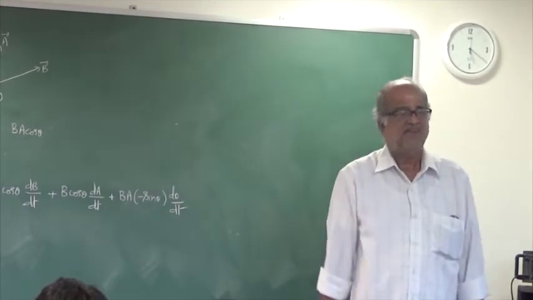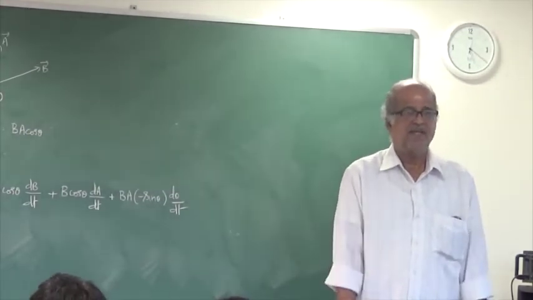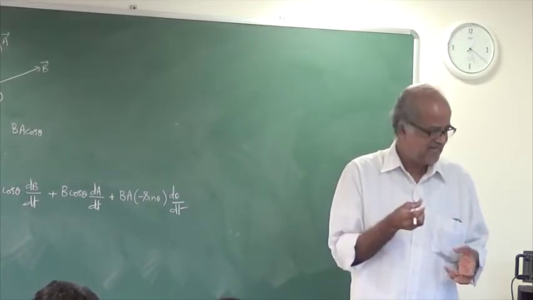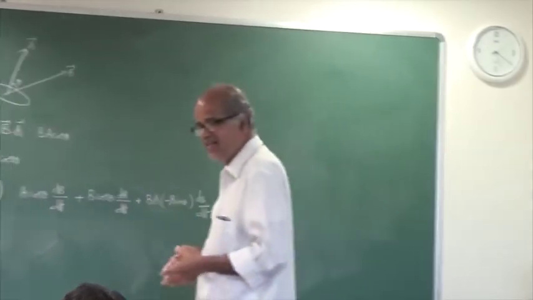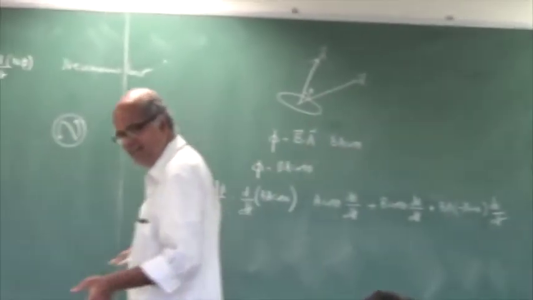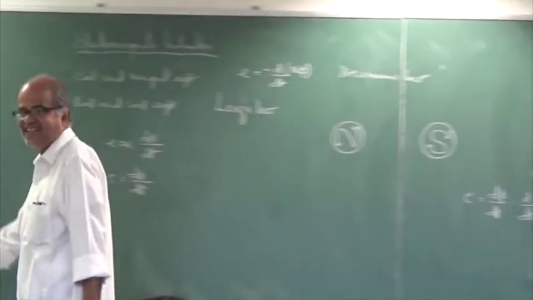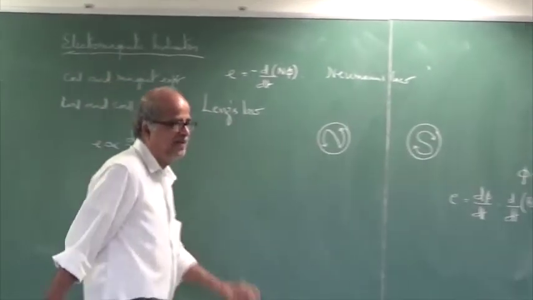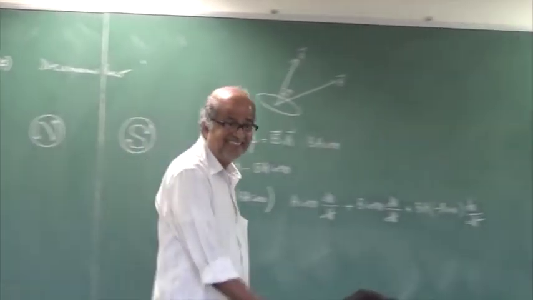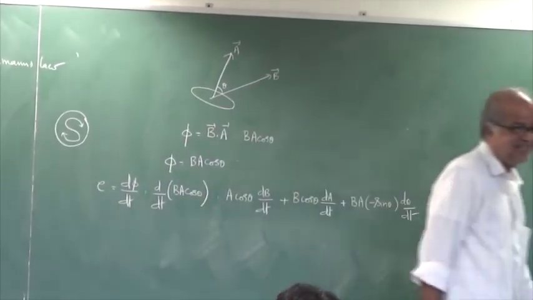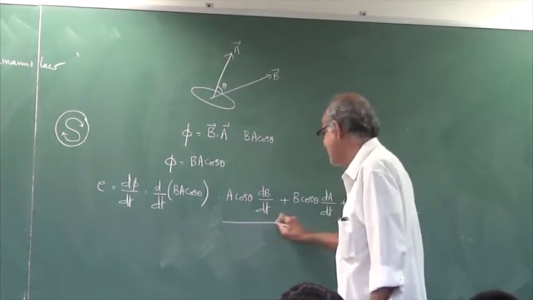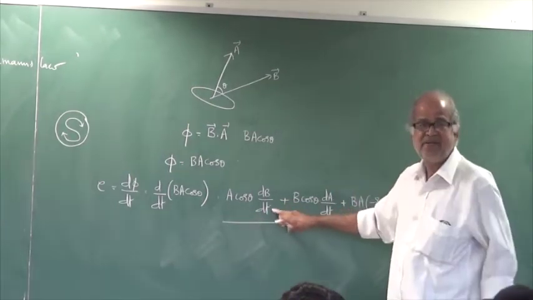In the case of, for example, a coil and magnet experiment, it means either the coil is moving with the magnet at rest, or the magnet is moving with the coil at rest, or both are moving relative to each other. Or in the coil and coil experiment, current in the primary is changing, which produces a changing magnetic field linked with the secondary. So, this says field is time dependent.